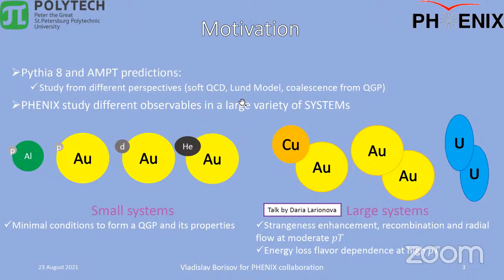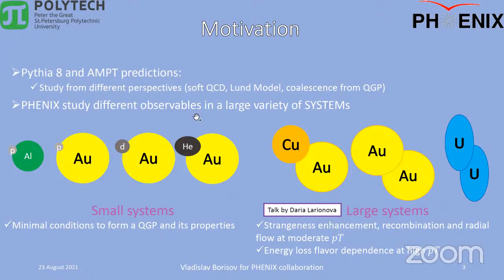Comparing production of particles with strange content to the production of hadrons that contain only first generation quarks is a perfect tool to study such features of hadron production as strangeness enhancement, recombination, and radial flow at intermediate pT range, and flavor-dependent energy loss at high pT range.